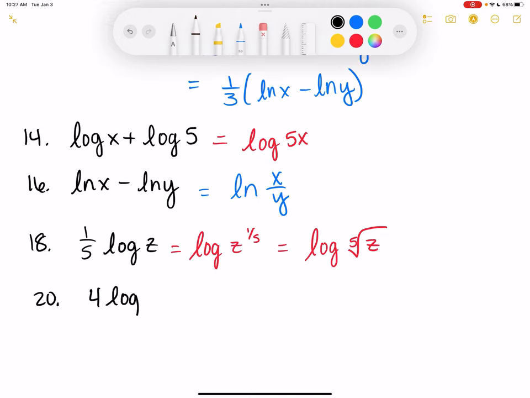24: log of y minus log of z. And again, if you want to do this all as one step, that is completely fine, but if you want to do it in multiple steps, that's also fine.